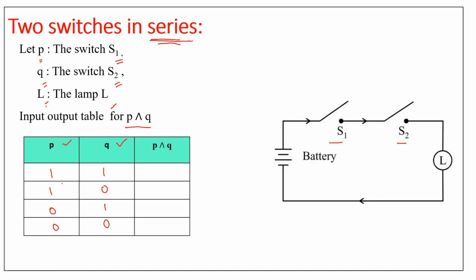Same here, 1 1 is 1, otherwise it is 0. How does it come? When both switches are closed, only then will current flow and the lamp glow, because they are in series. So it is compulsory that both switches must be closed.